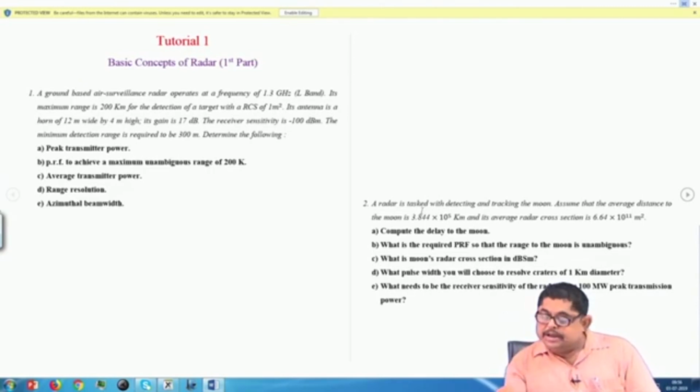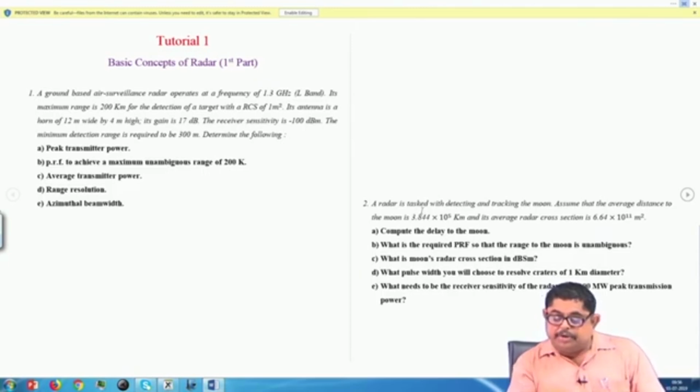Assume that the average distance to the moon is so and so kilometer, and its average radar cross section is a huge number, several meters squared. The moon does not look so big, but its illumination is quite bright to the radar, because a lot of reflection comes from there. That is why it has a high radar cross section.